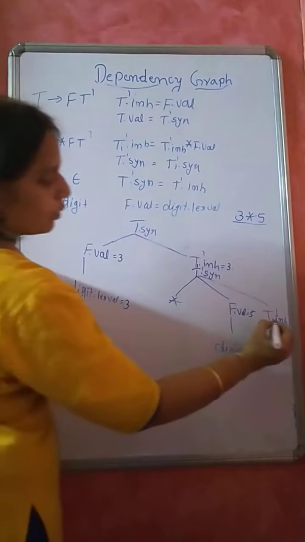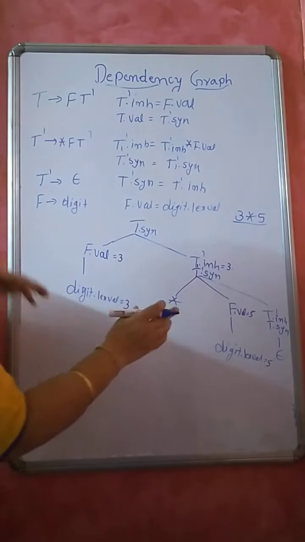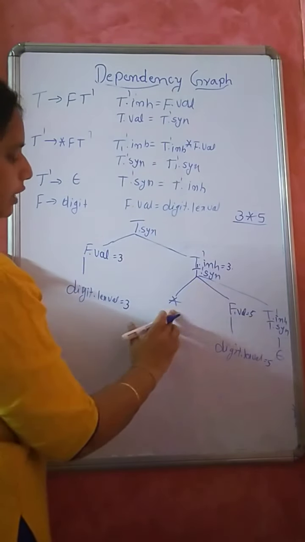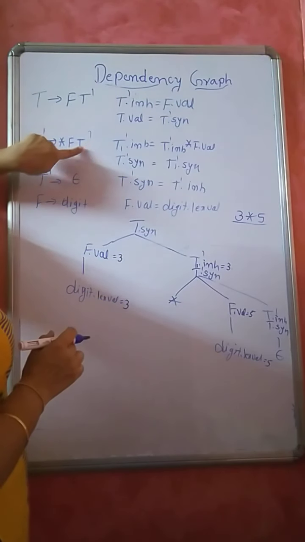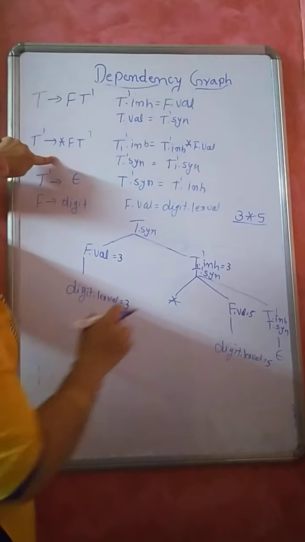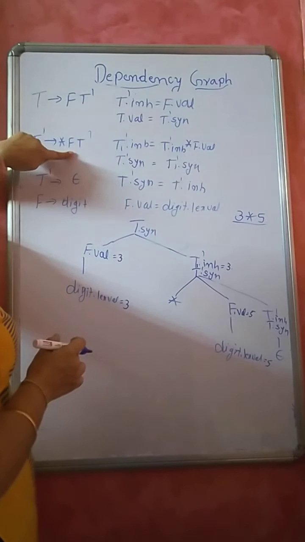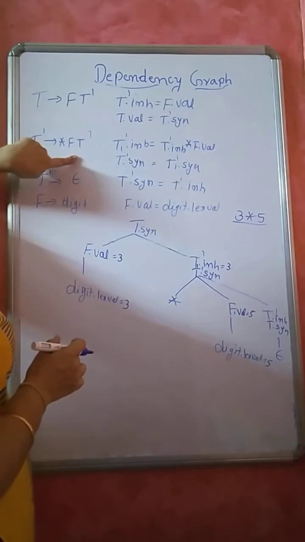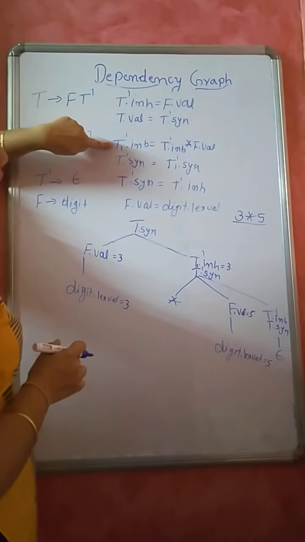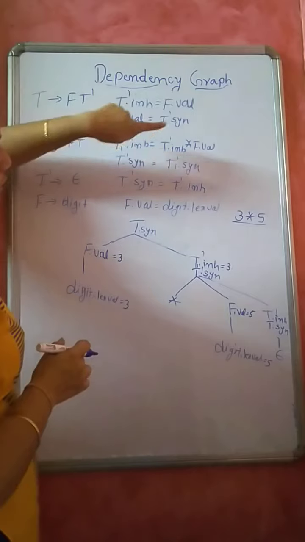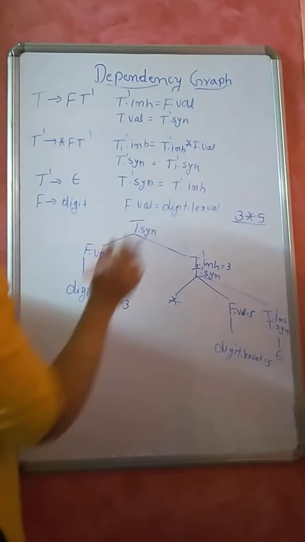So here what is T dash inherited? Which production are you using? T determines star FT dash. You are using T dash determines star FT dash. So if that is the production you are applying, what does that semantic rule say? That is T1 dash inherited is equal to T dash inherited star F dot value.